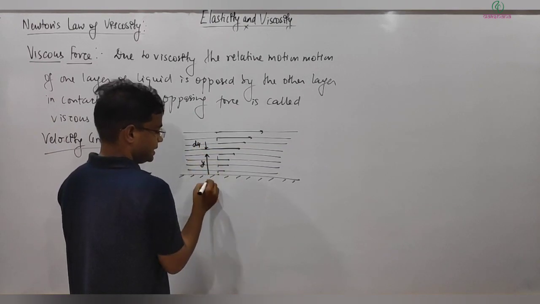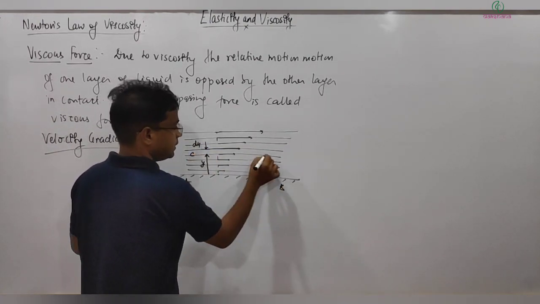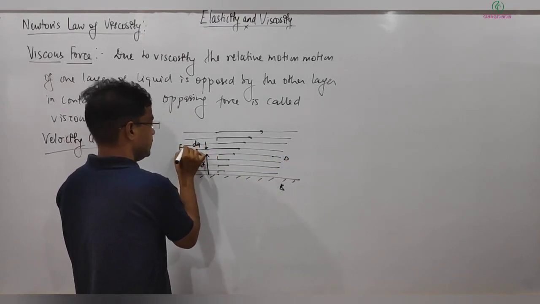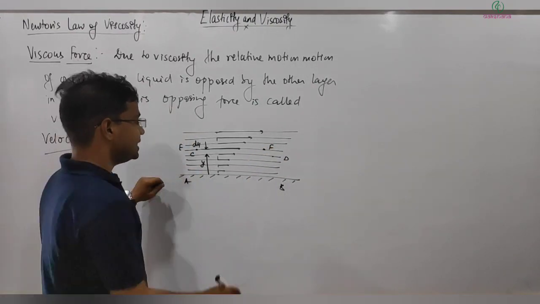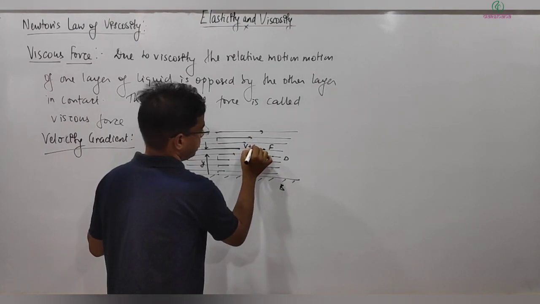So this is your surface AB, this is layer CD, and the next layer is EF. Let's say this layer has velocity v, and the next has velocity v plus dv.